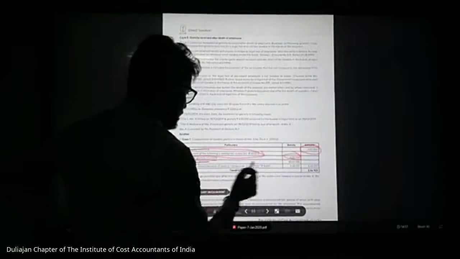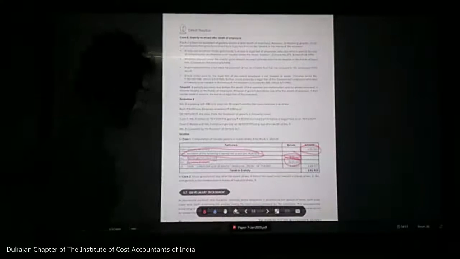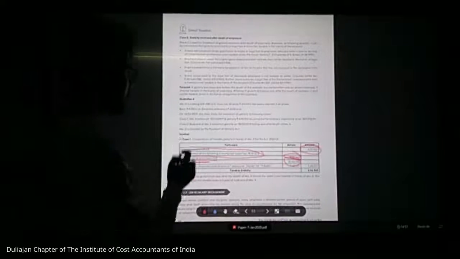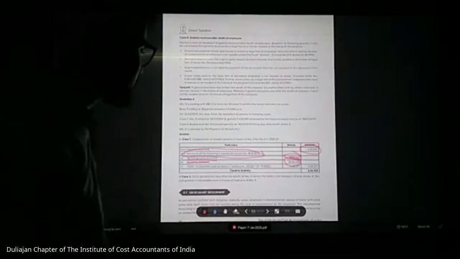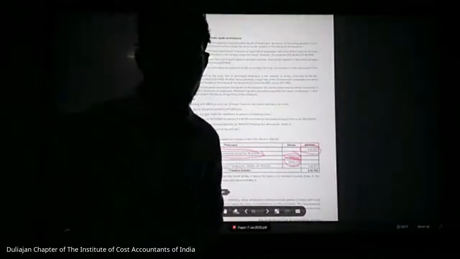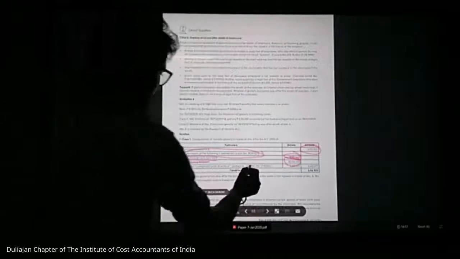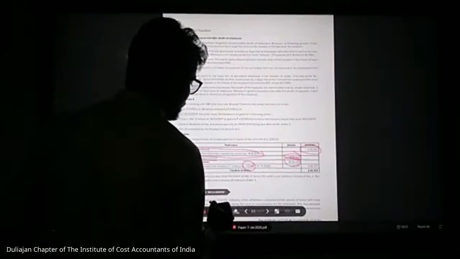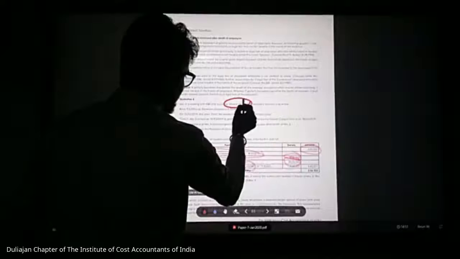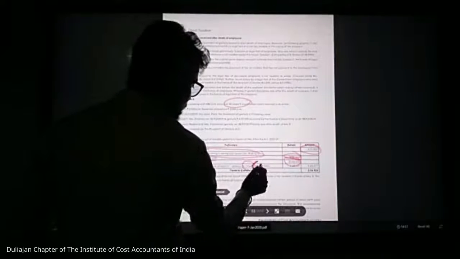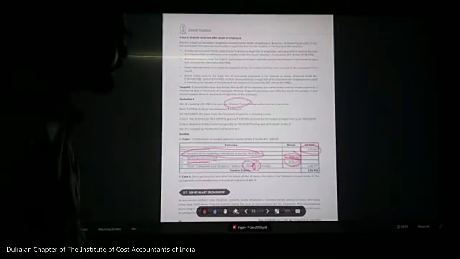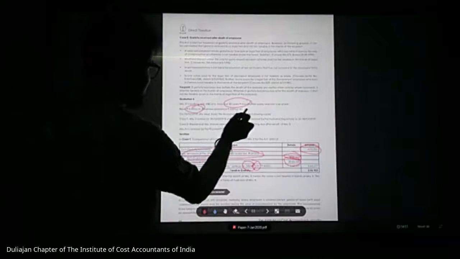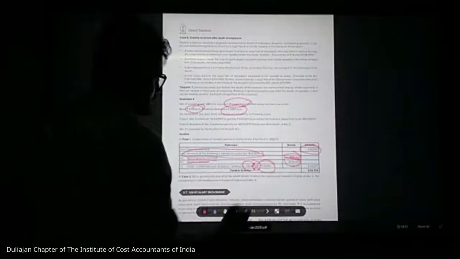Then the statutory limit is 20 lakhs. Then, since it is mentioned that the person is covered under the Gratuity Act, we'll calculate that way only, so 15/26. Fractions are taken, so it will be 31 years, and my meaning of salary is basic plus DA. So basic is 5,000, DA is 3,000, so 8,000.